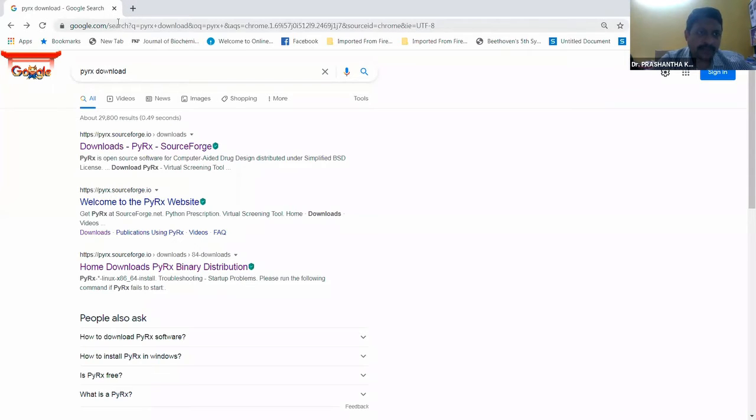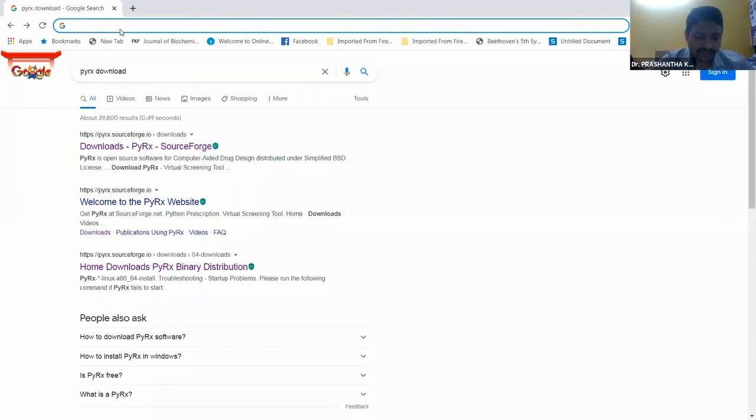Okay. Now, as we started discussing the concept of molecular docking, right? Yesterday I gave the example of the lock and key model. And how should we go about the docking? In the sense, the principle, structure-based drug designing, ligand-based drug designing, and from where we can take the ligands, and from where we can take the protein.